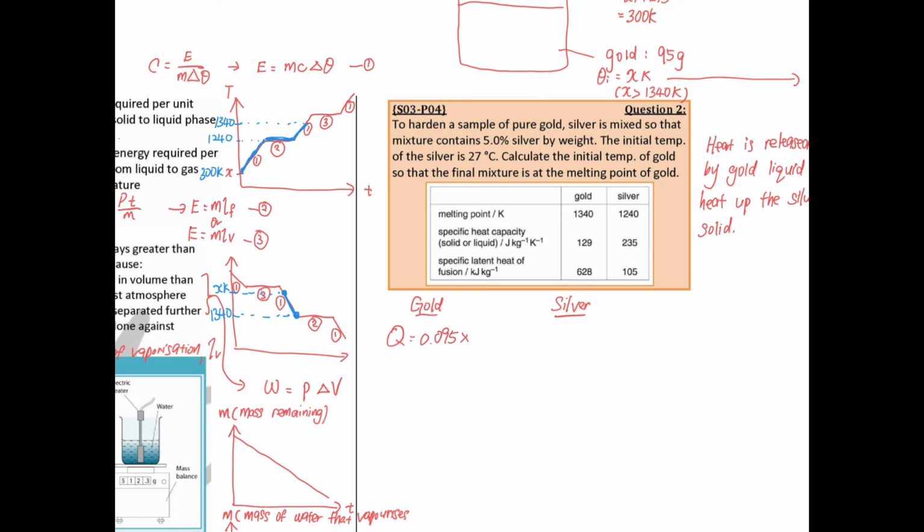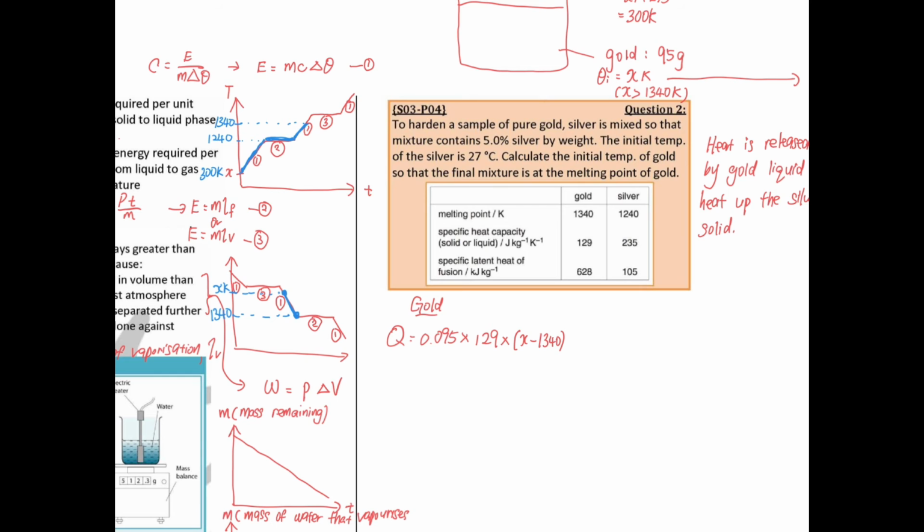So mc delta theta. C is the specific heat capacity of the gold, which is 129. Delta theta, which is the change in temperature, so it's just x minus 1340. Okay, this is for gold.